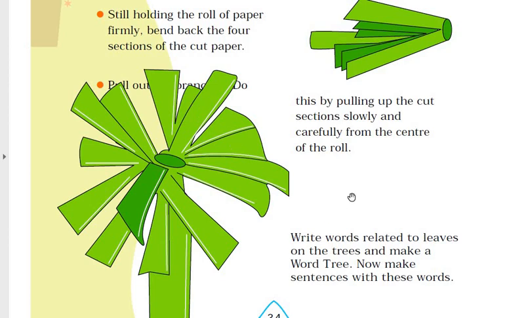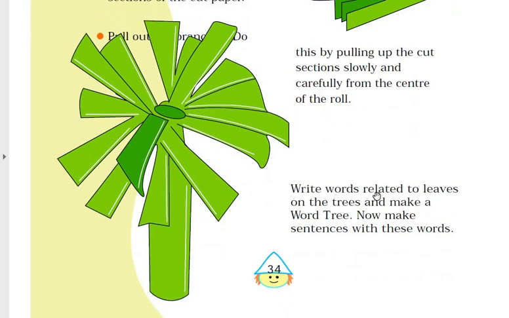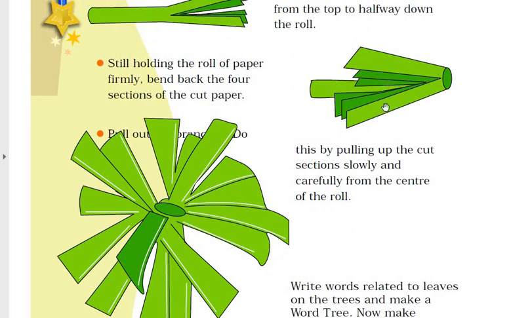All right, so write words related to leaves on the trees. Basically just try to make a tree out of it. Okay, how you will do it? You have to basically, okay, I got it. The inner part of this roll, you have to pull it out from here. Okay, and then you will find the other leaves.